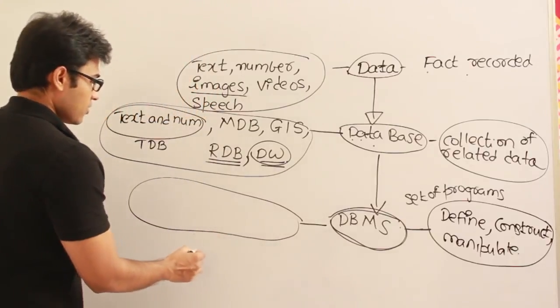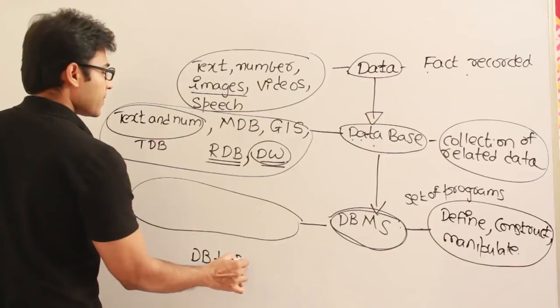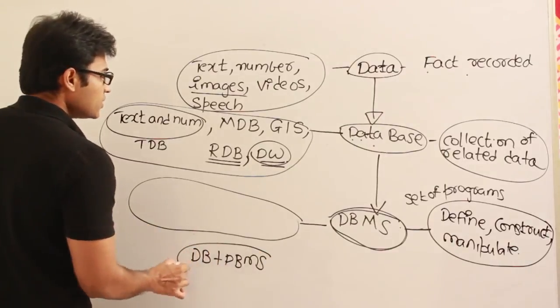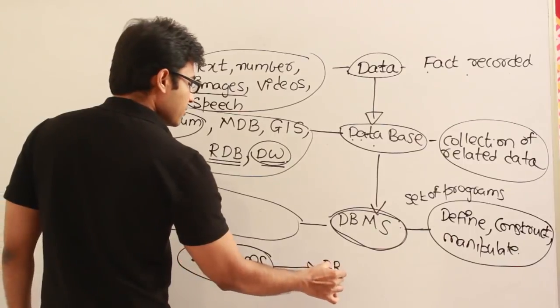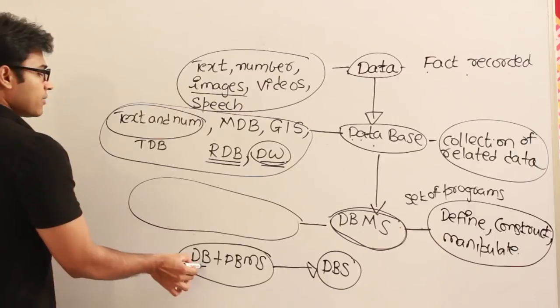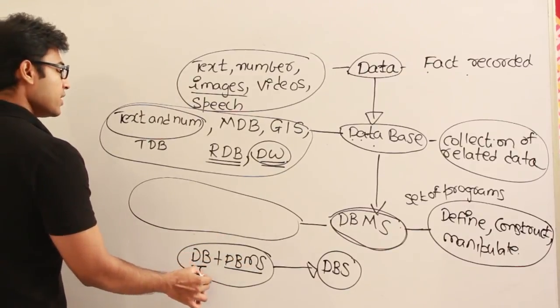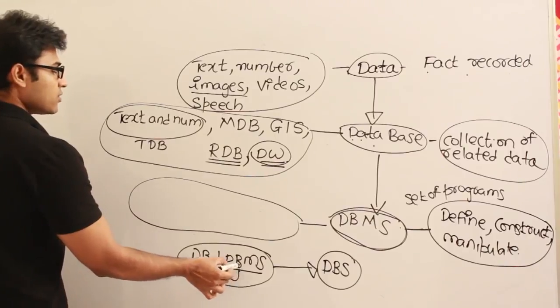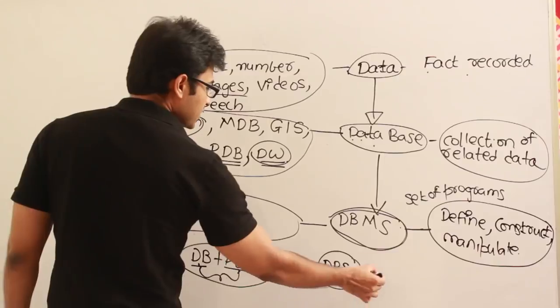Therefore, the collection of database and the database management system, these two are generally combinedly called as database systems, DBS, right? So database is the collection of data and DBMS is set of programs. So the data plus the programs which are used to manipulate this data is collectively called as database systems.